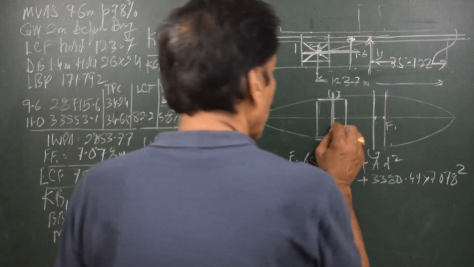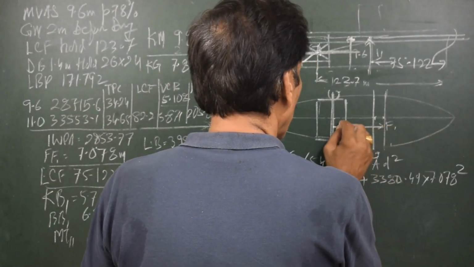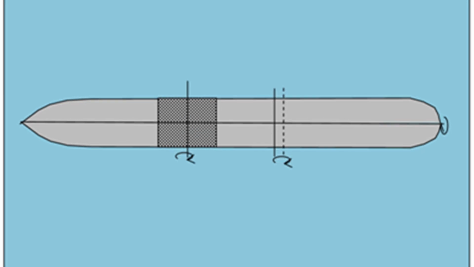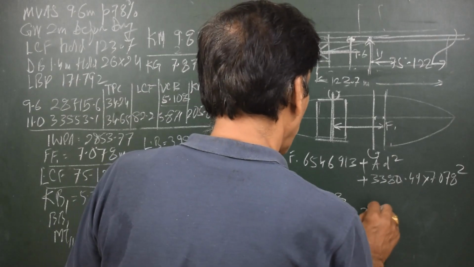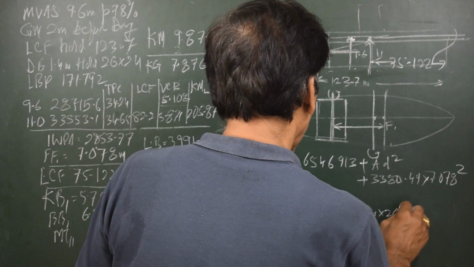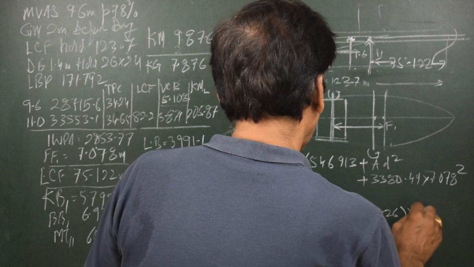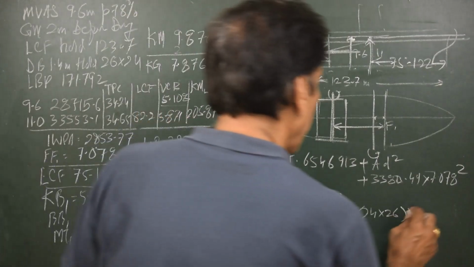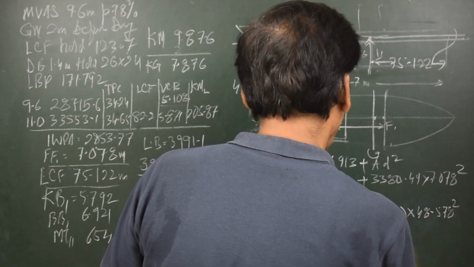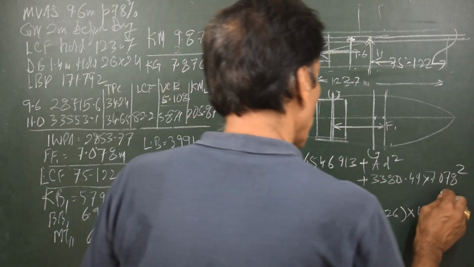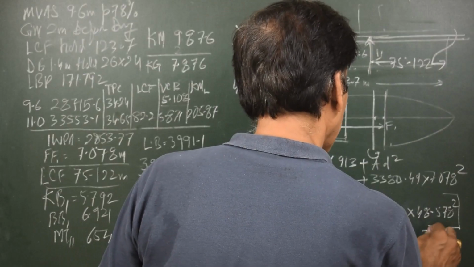Now what is the distance from centroid to the center of flotation? Now lost moment of inertia is loss about its own axis plus AD square. So AD square is 24 into 26 into D square. D square is 48.578 square. But the loss has to be multiplied with 0.78.